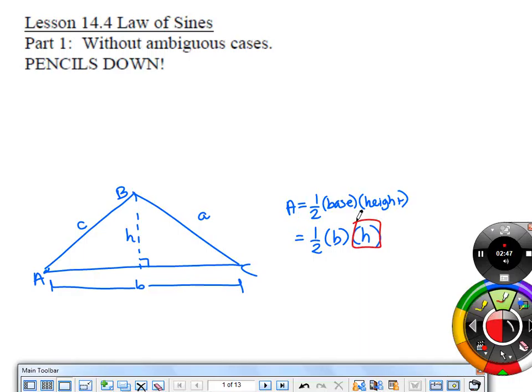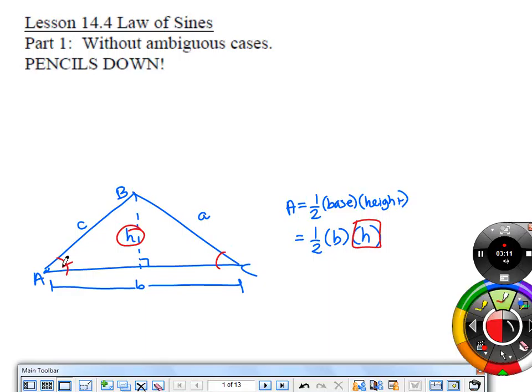So how did you guys find this height? Like in number 2, okay? When you guys drew in the altitude yesterday and you were working, what did you use to figure out this height here? Okay, so they said they either used angle C or angle A in this case. Or angle A. Did you guys find yourself doing that?